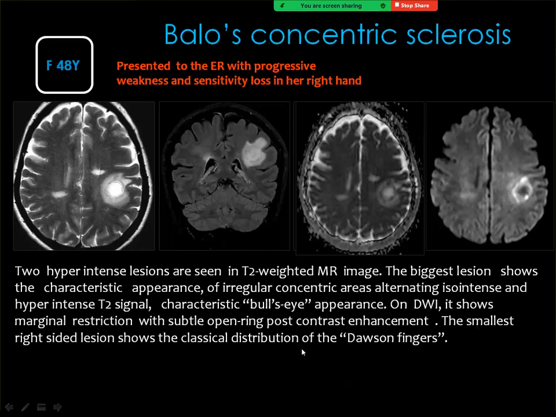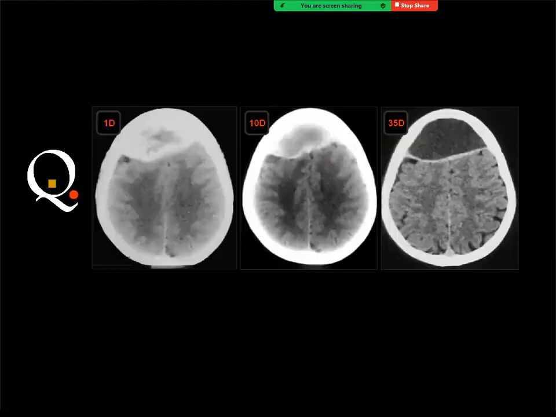So because it is now seen frequently, I don't know why, I wanted you to know something about this lesion so you can be able to diagnose if you are confronted by a similar case.